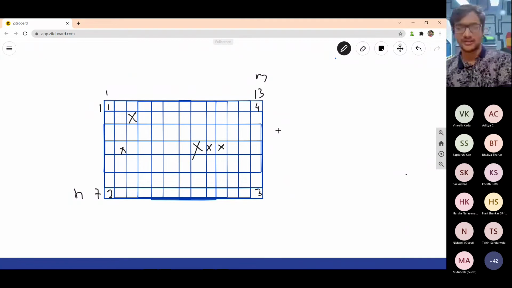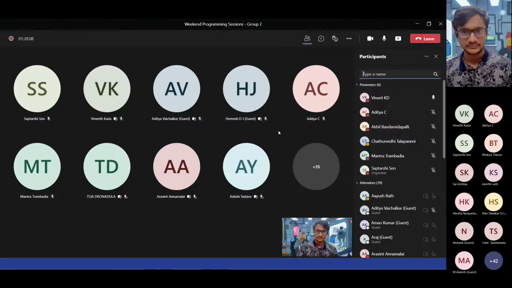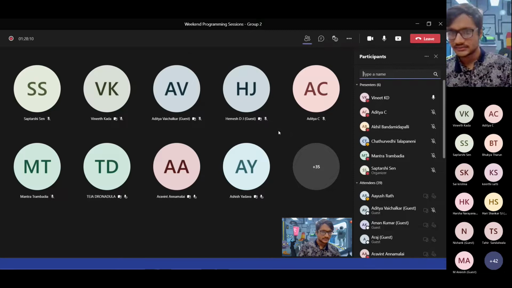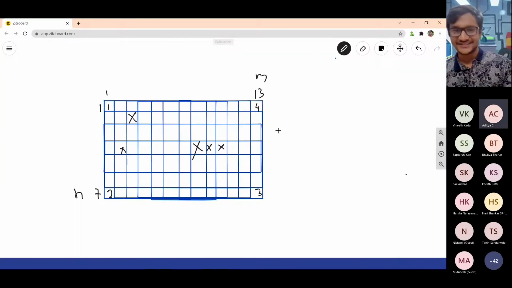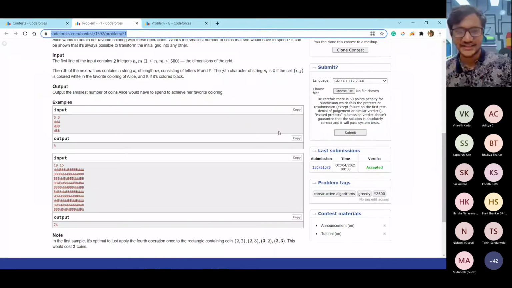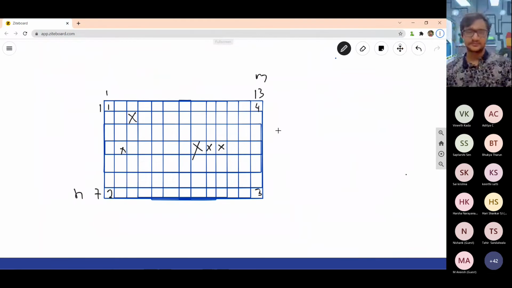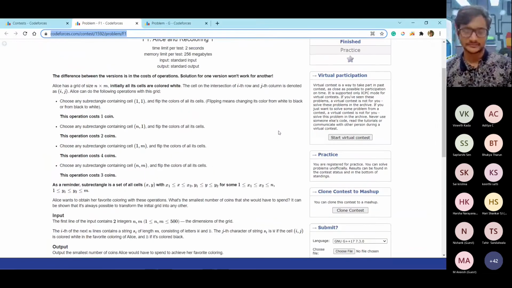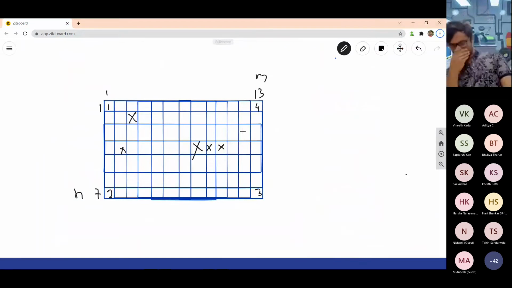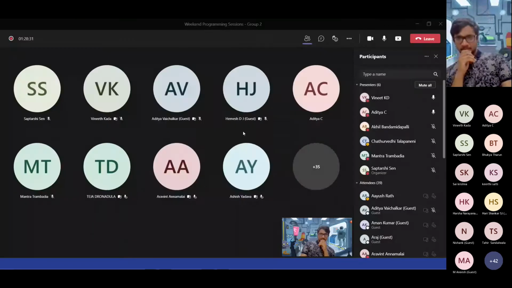Anything you think would make the way to solve it easier? Aditya? I'm still not getting anything.